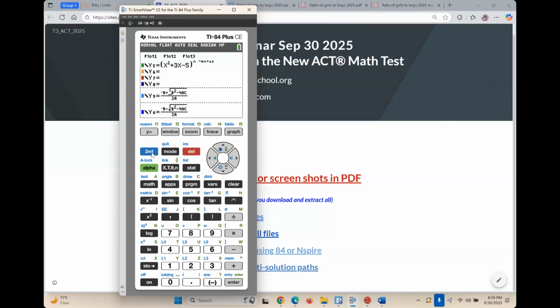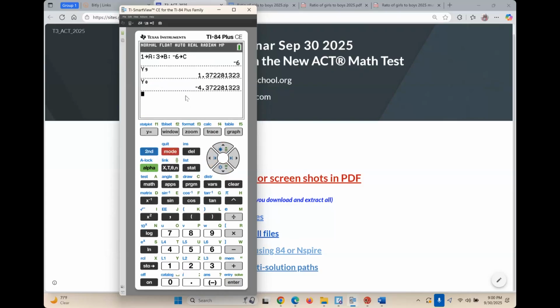So second, I think parentheses is the open one. Minus 1, comma 1. And then second close braces. You know what that's going to do? It's going to give you the plus and the minus because you're multiplying by a list. You don't need two equations. So if you do Y9, it gives you both answers in braces, right? Because you're multiplying by a list: minus 1, you're adding 1 times that and minus 1 times that. Sorry, I just had to show that because it was super fun.